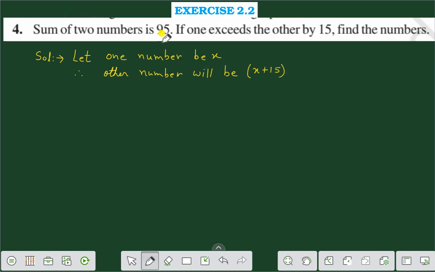And the sum of the two numbers is 95. According to the question, x plus x plus 15 is equal to 95.